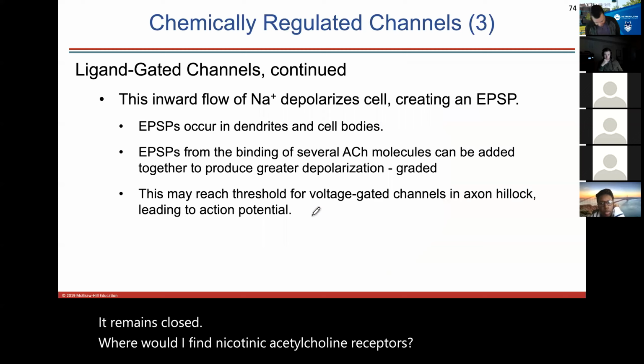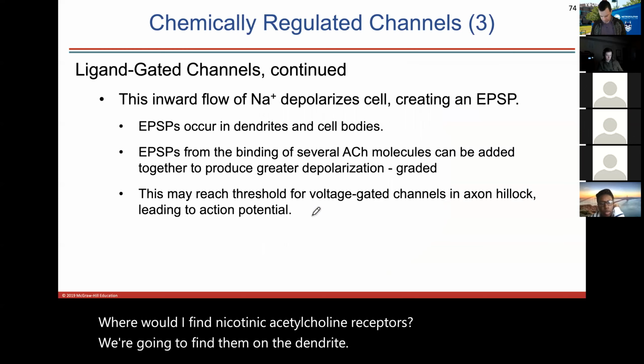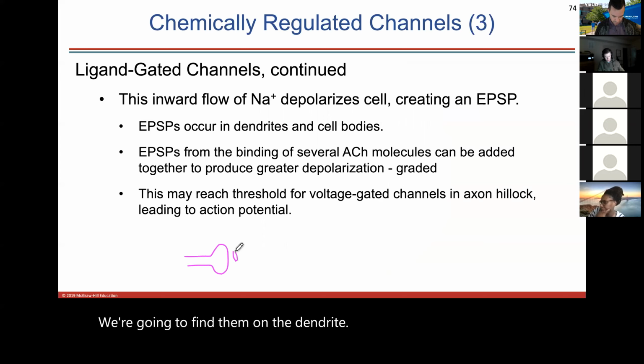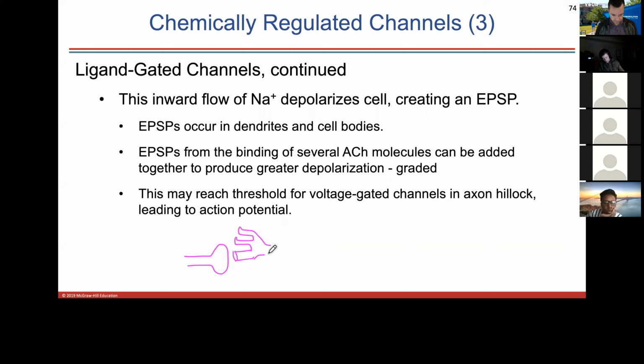We're going to find them on the dendrites. Okay, I'm just trying to make a nerve cell body here, and I'm trying to make an axon.